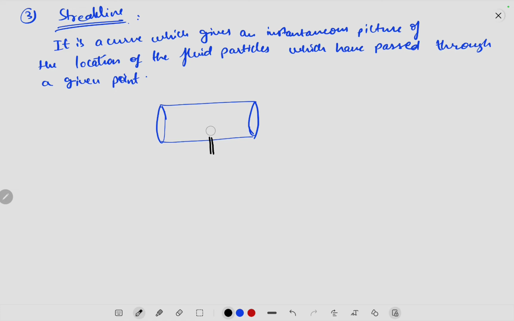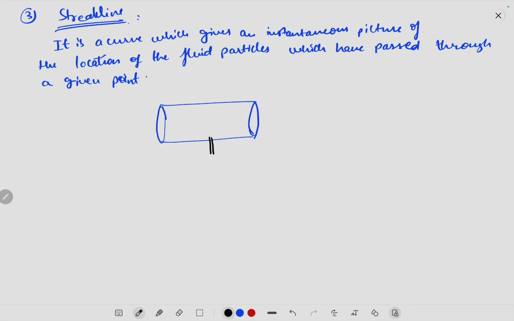So let's say my fluid flow was like this at that instant, then the tracer particle injected from here would go like this, then after some time it would be like this, after some time it would be like this. So the path that is covered by these tracer particles is called the streak line.